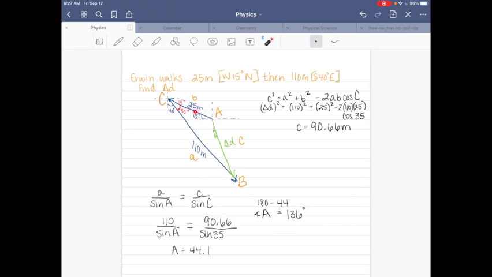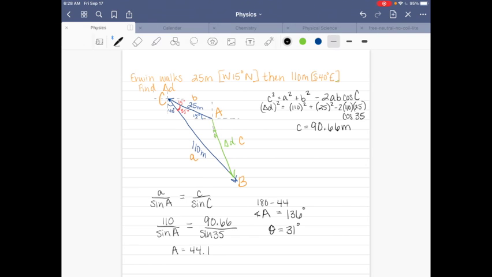We have 15 degrees here, which was given to us in the problem. We know that this here would represent 90 degrees. So if I take my whole angle, 136, subtract 15, subtract 90, I get left with 31 degrees. And so that's from the southern border to the east.